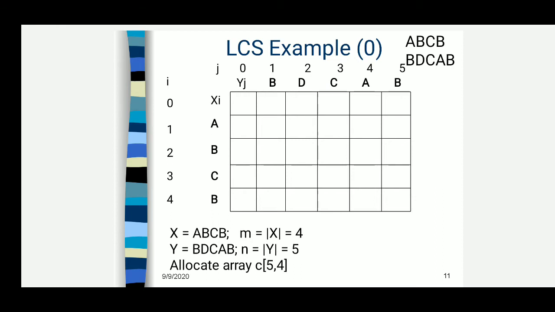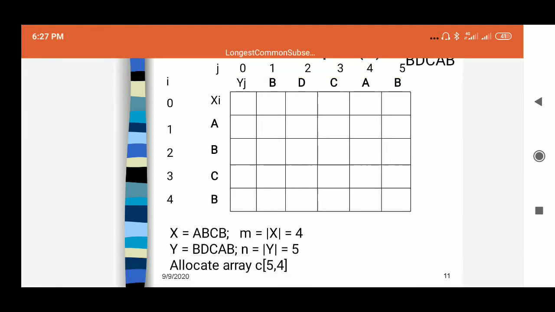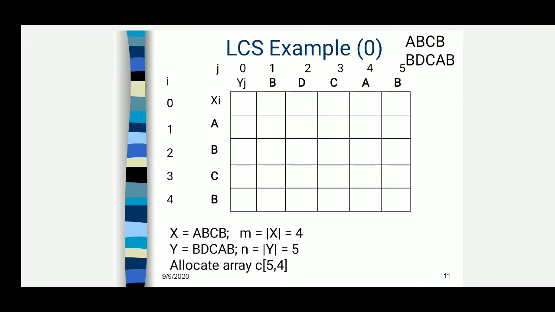And there is another situation in which sequence y is available but x does not have any value. In those cases, row 0 and column 0 will be given cost 0, or you can say the total length of common subsequence will be 0 when there is no value in either sequence x or sequence y.